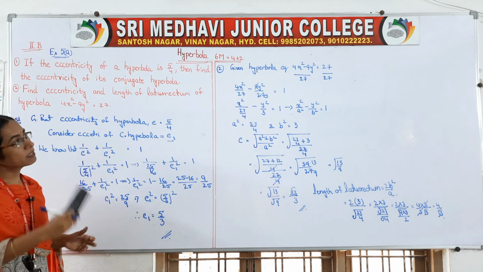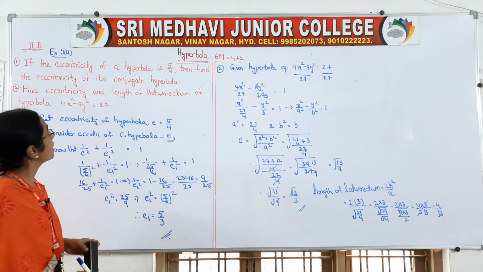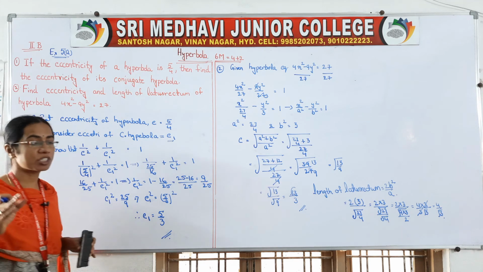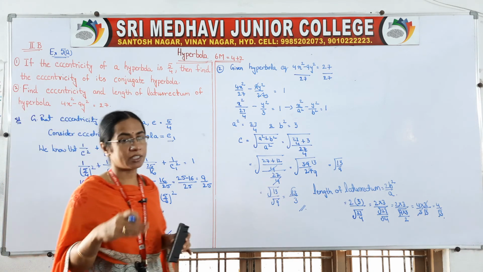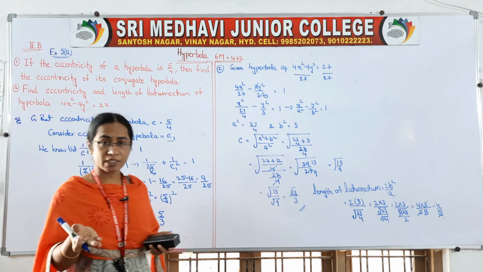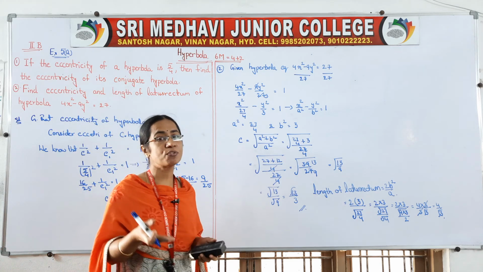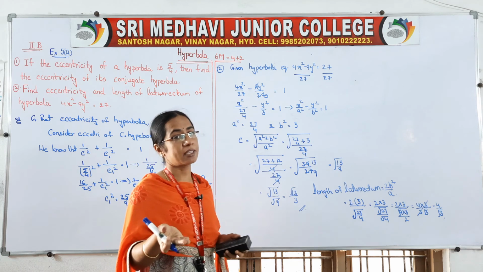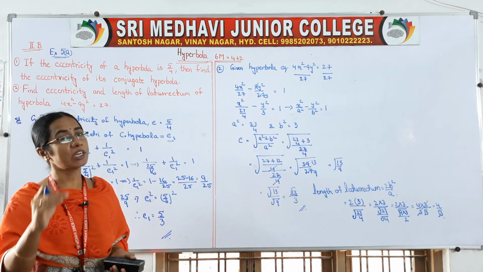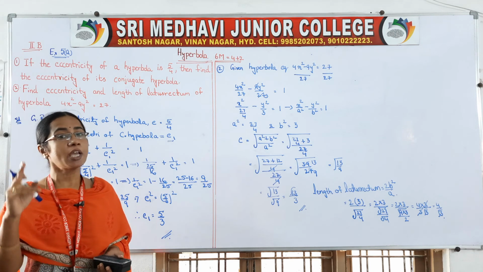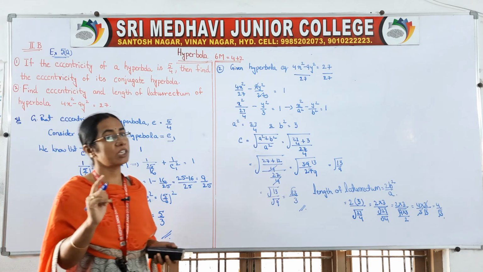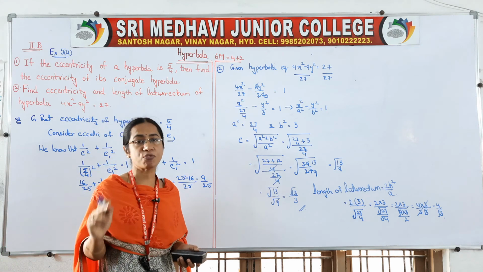Next question is to find the eccentricity and length of latus rectum. Any question that asks to find the eccentricity, length of latus rectum, foci, directrix, length of transverse axis, length of conjugate axis, like that, the first thing is we have to reduce the given equation into any one of the standard forms. 4 forms are there, so reduce it into any one of the forms.